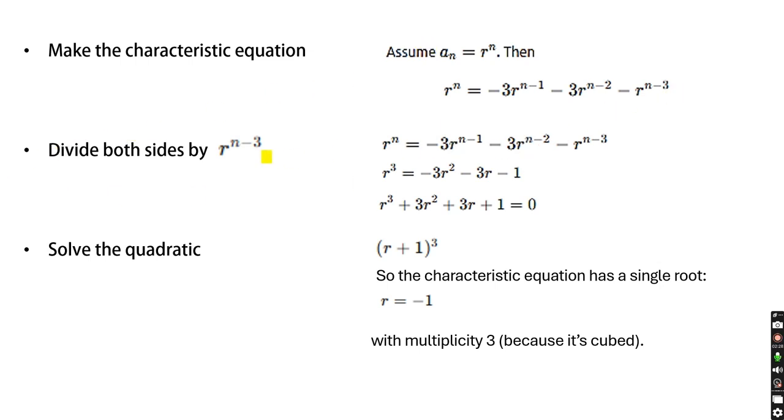And then after that is i-divide na to both sides by rn minus 3 ang equation. So after dividing is ang makuha nato na value is we have r3 minus 3r2 minus 3r minus 1.